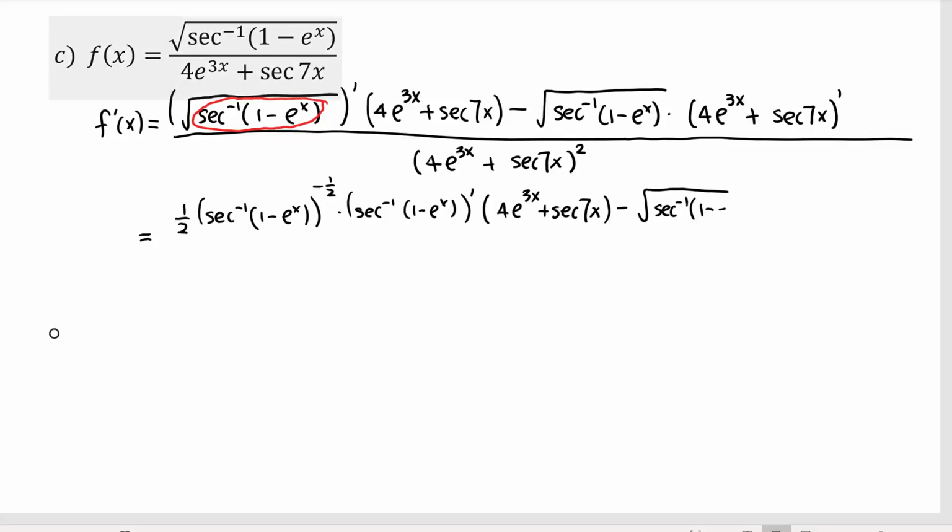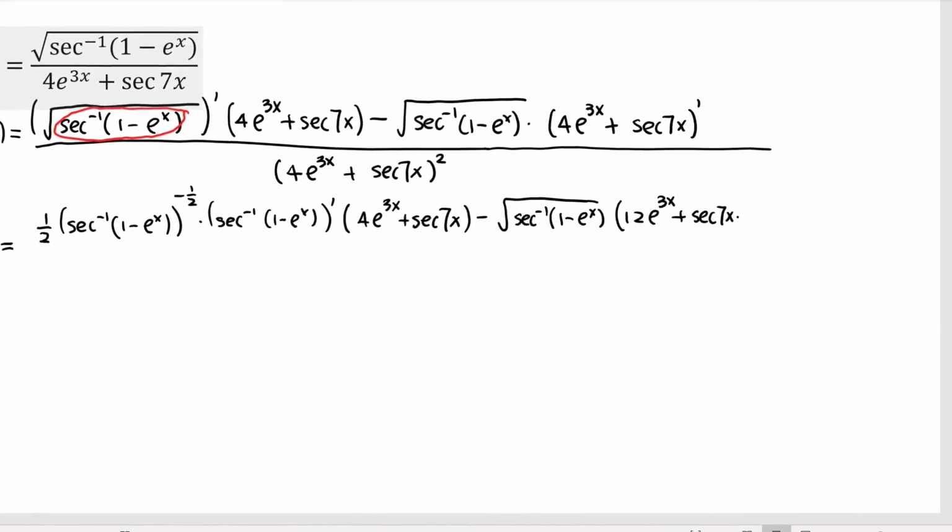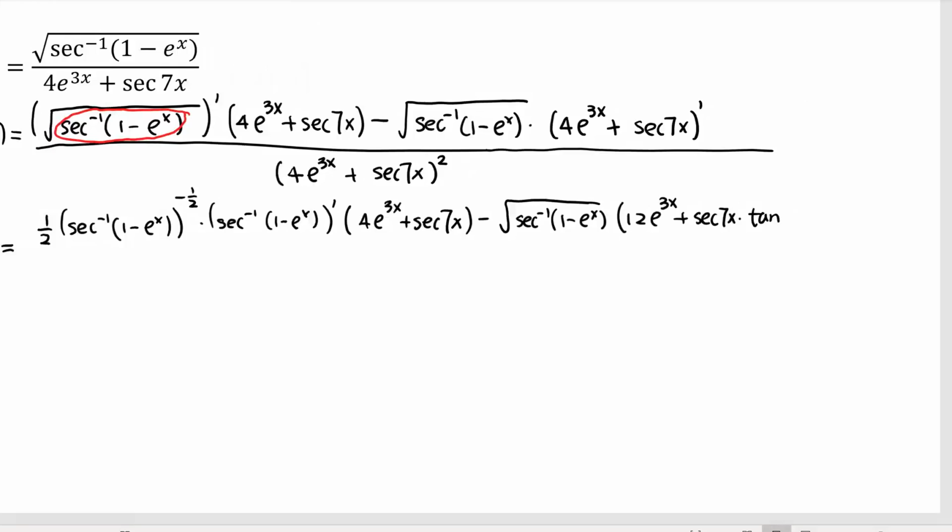So we continue to copy it. Here, what is the derivative of 4e to the 3x? 3 times 4 is 12. 12e to the 3x, right? And what is the derivative of secant? Wow, that is secant u tangent u times u prime.